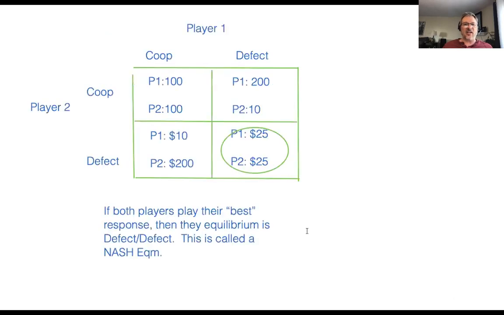One of the caveats, and if you read the section in your book about this, is that the prisoner's dilemma game that we're talking about assumes that all of the strategic interaction between these players happens at one point in time. It's a simultaneous game. They both play, and then it's over with, right?